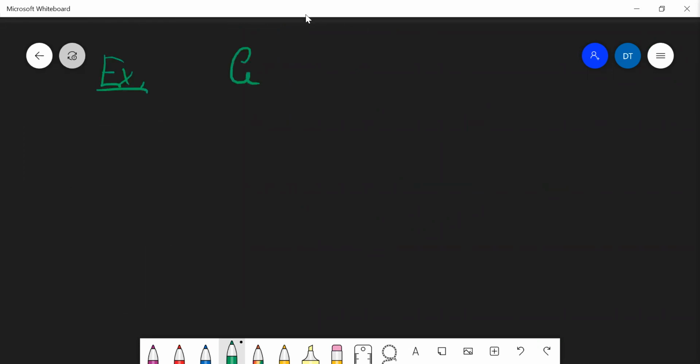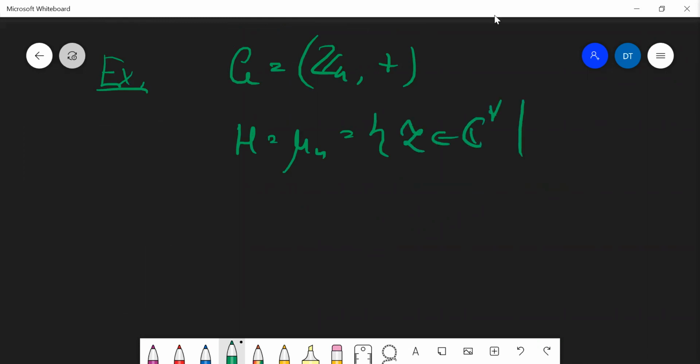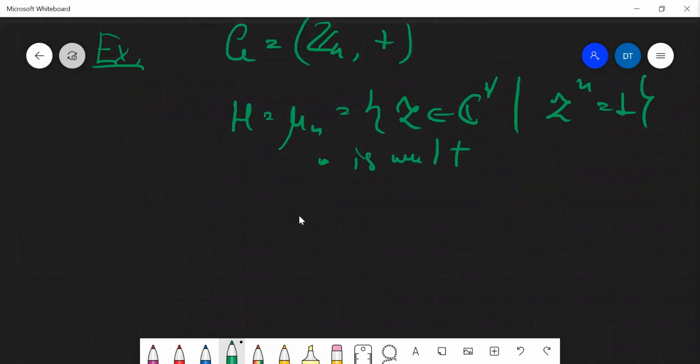Let's take G to be Z_n with addition as the operation. And let's take H to be mu_n, which is the set of all complex numbers with the condition z to the n equals 1. And the operation here is multiplication. Well, I claim that these two groups are isomorphic.